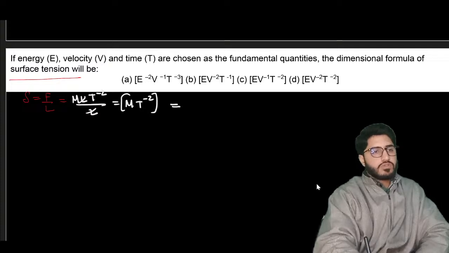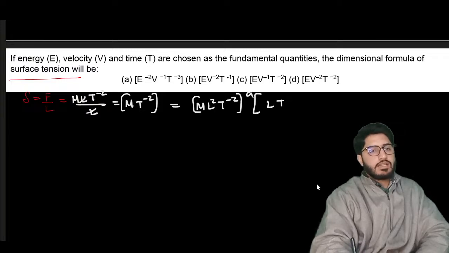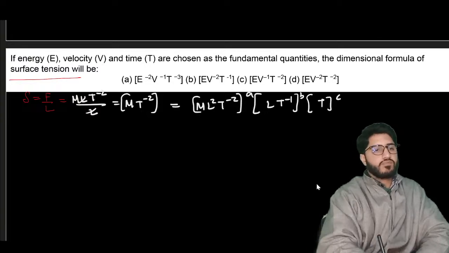And this equals energy. What is energy? It is M L squared T minus 2, power a. And velocity is L T minus 1, power b. Time is T power c. Now I have M1 L0 T minus 2.